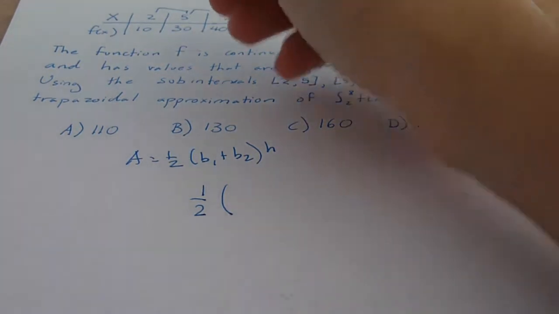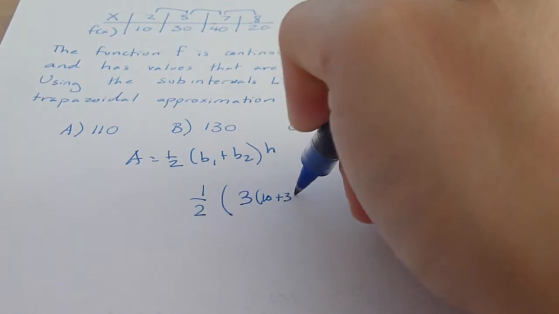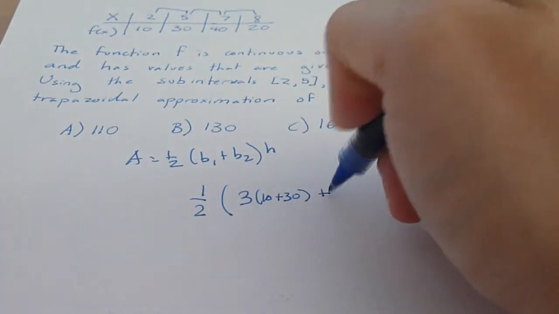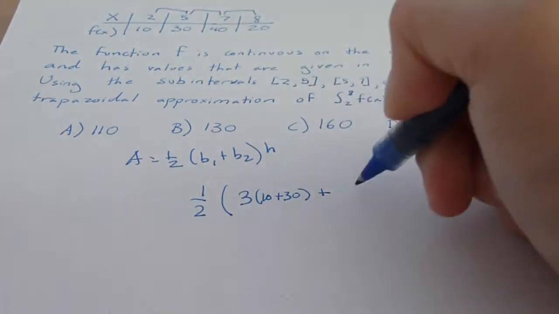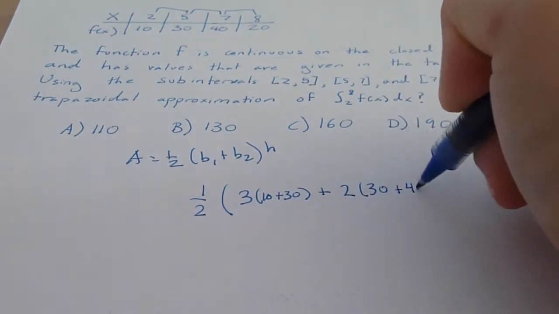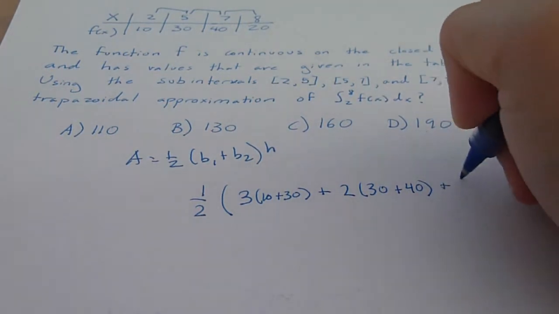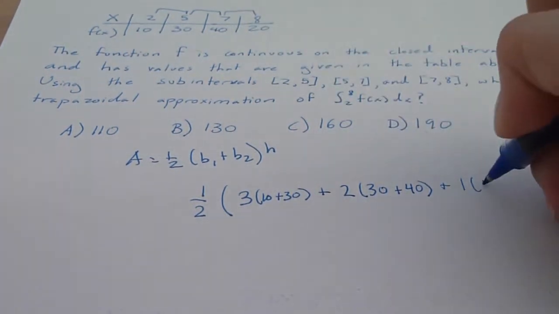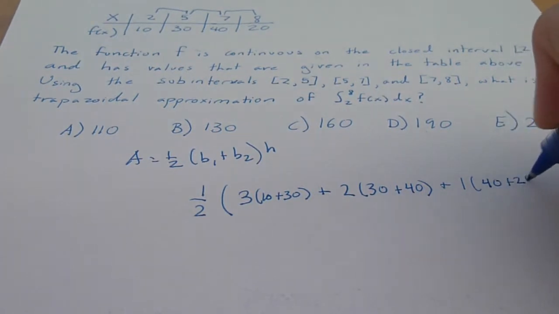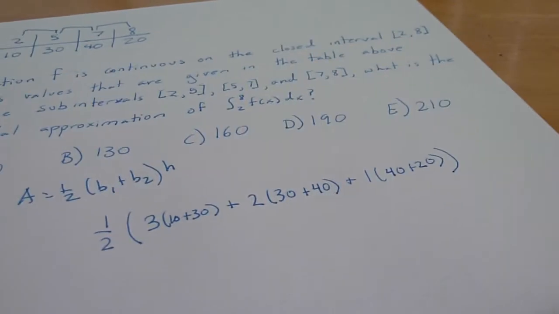Then we have the difference here is 3, times 10 plus 30, those are our two bases, plus the difference here, which is 2, times our bases, 30 and 40. And the difference here, which is just 1, times our bases, 40 plus 20. And all of that gets multiplied by 1/2.